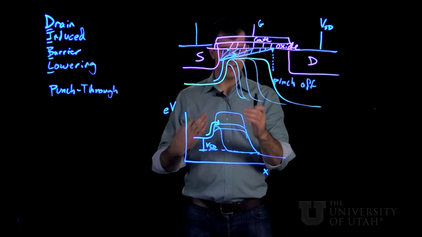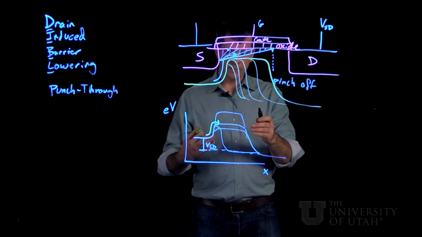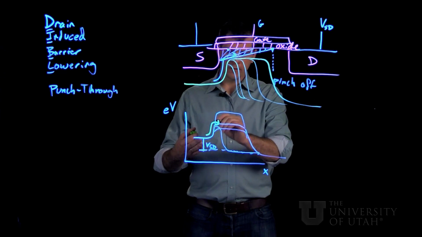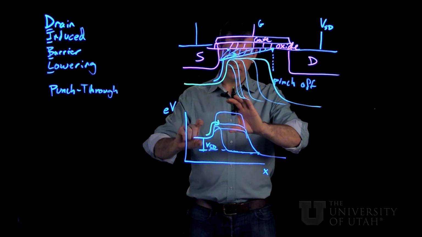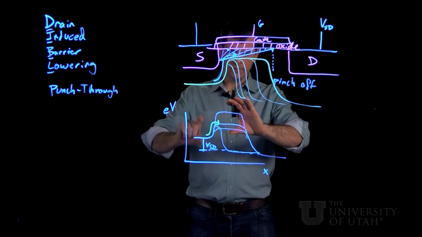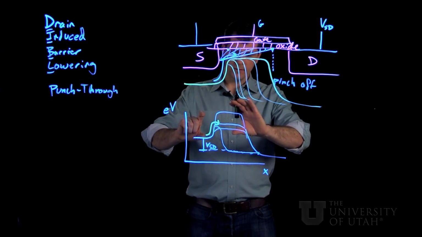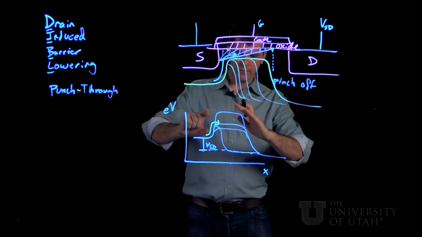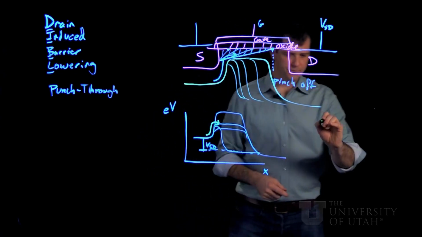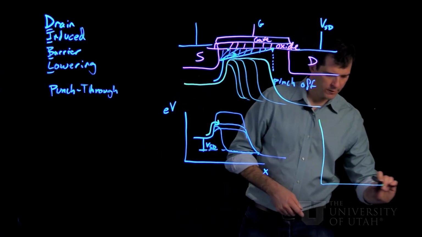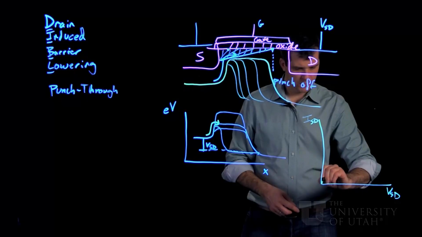So that means now that the amount of current flowing through the channel is going to be dependent on the source drain voltage because of the normal effects we've talked about, but then also we're going to start to lower that barrier. And that means we're going to get more current for the same applied voltage.